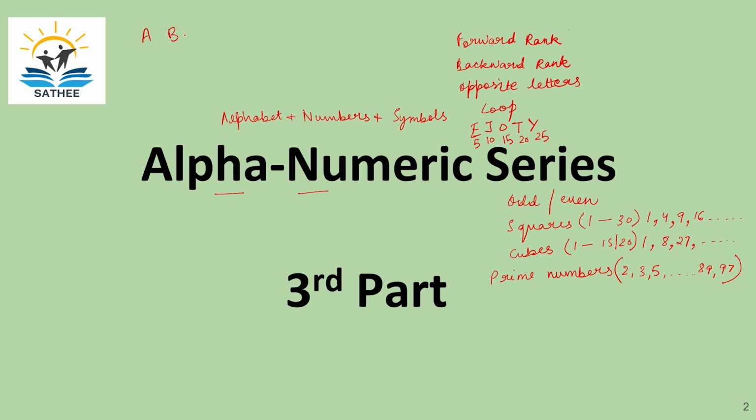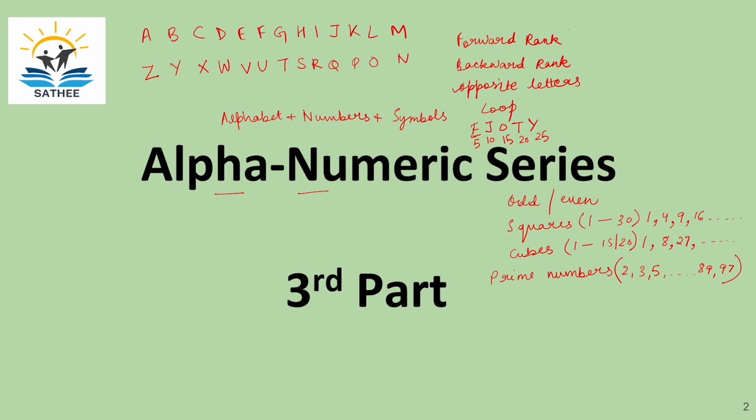So these were the alphabets, A to Z, right? This is the concept of opposite letters.